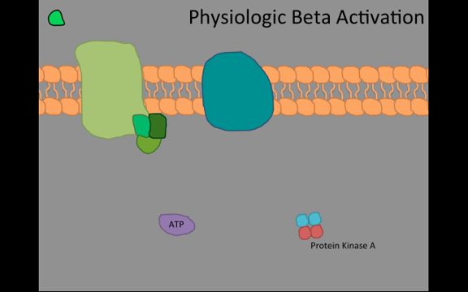Beta-1 and beta-2 receptors are linked with the enzyme adenylate cyclase, a primary intracellular messenger. G-coupled protein receptors that are linked to adenylate cyclase are termed GS-coupled protein receptors. Binding of a ligand to a GS transmembrane receptor activates the intracellular G protein.